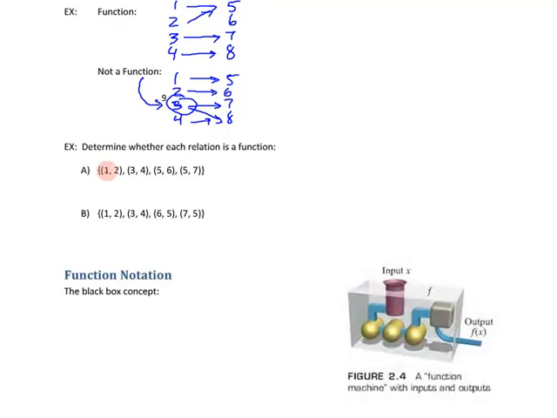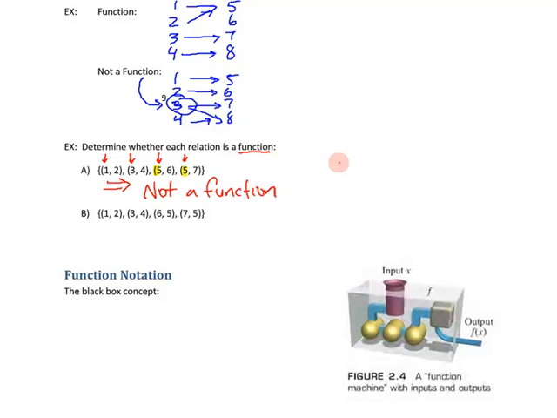Now let us look at these two examples and determine whether or not the relation given is a function. Remember, a relation is simply a list of ordered pairs, which is what we have in both of these cases. So the question of whether it's a function is, are there any inputs, that is, any values in the first, that have more than one output? And the answer is yes. Look at this. 5 has an output of 6 and 5 has an output of 7, which means not a function.